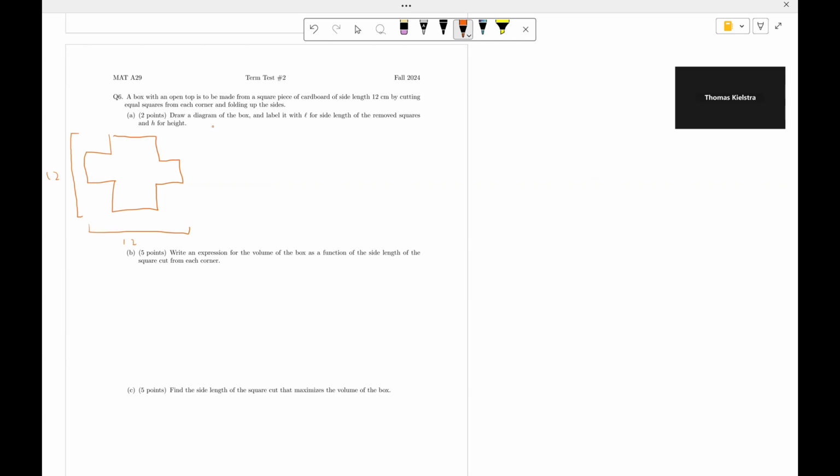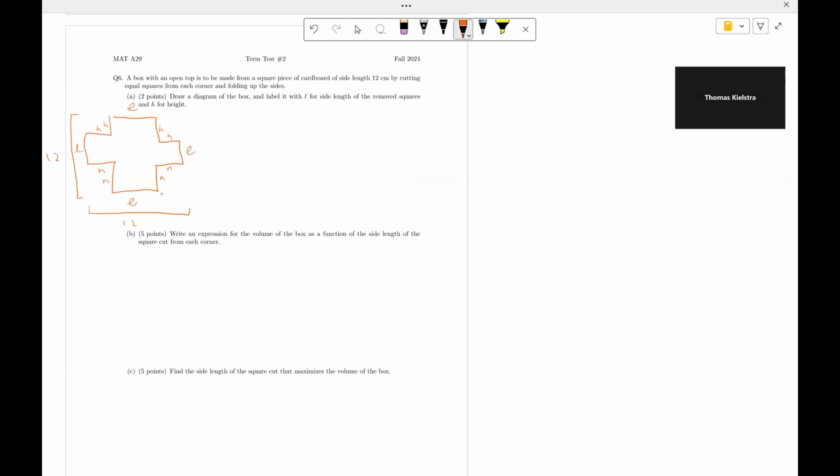And here, the side length we have is L, and this is H. So that gives us our box in terms of when this is our net, which is basically the box folded apart.